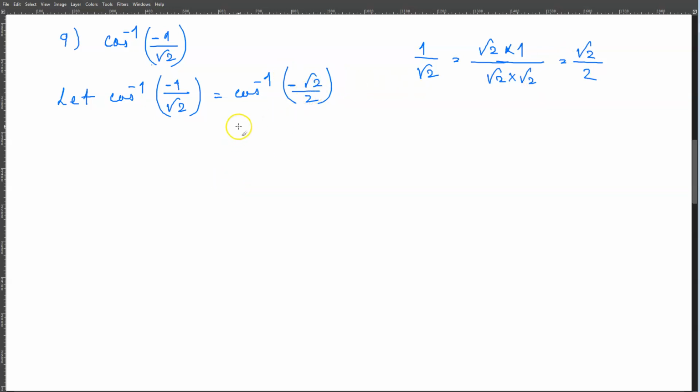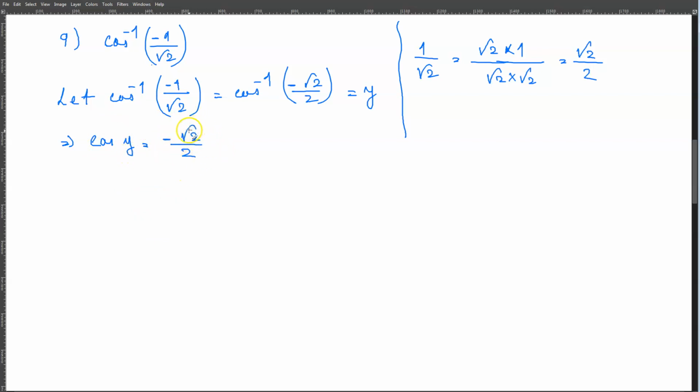And if I set this equal to y, that means that if the cos inverse of negative square root of 2 over 2 is equal to y, then cos of y is equal to negative square root of 2 over 2. Now, the cos of what angle is square root of 2 over 2?